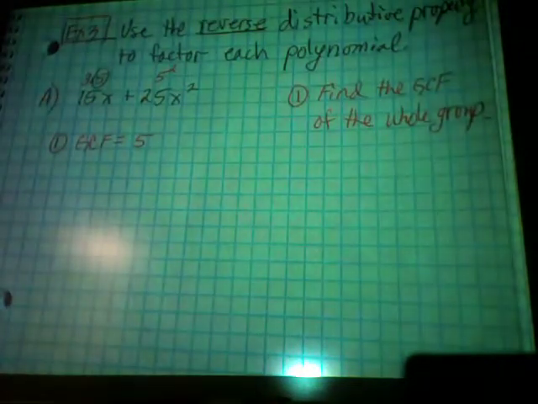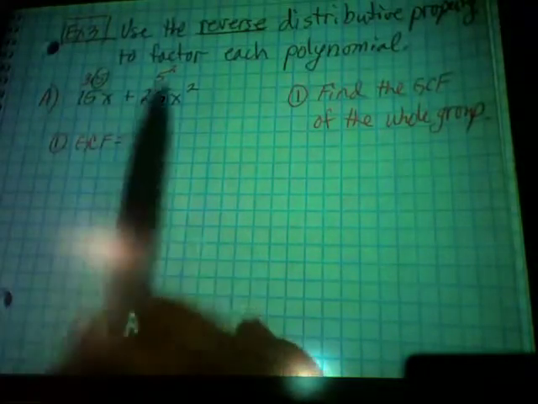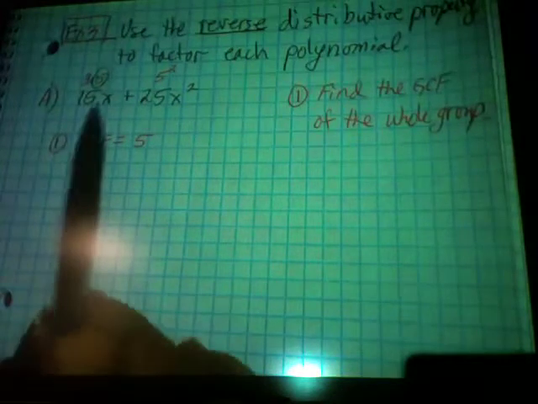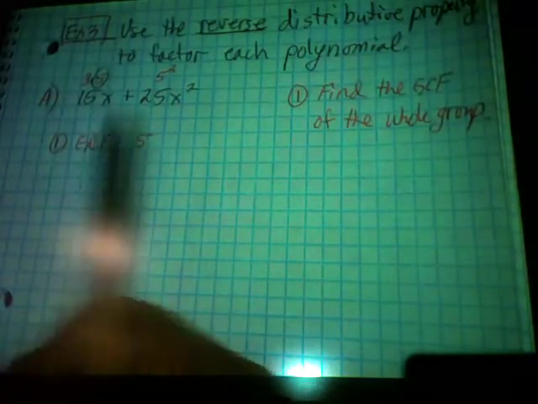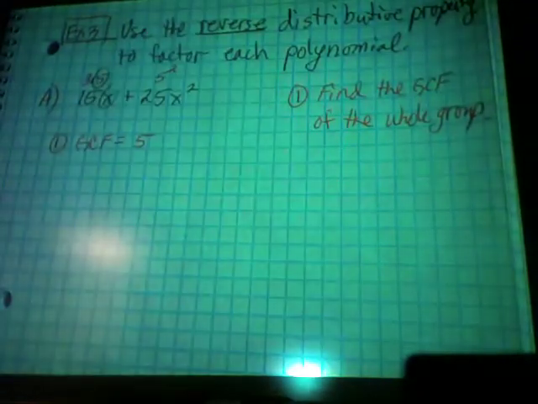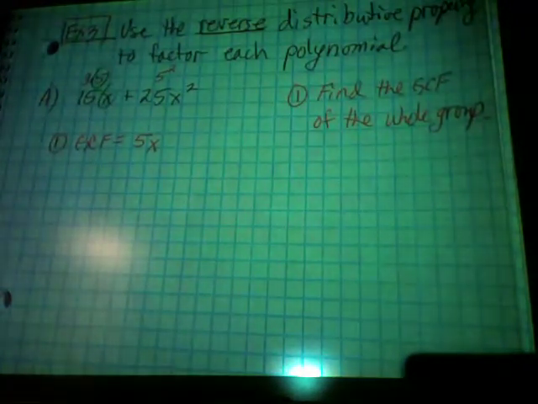I choose 5. And then they don't have a 3 in common at all, but they do have x's in common. Are you going to take 1x away from both of them or 2 x's away from both of them? 1. So again, I choose that x to go on my GCF. And so isn't my GCF just 5x? That's the biggest number I can divide both of them by.